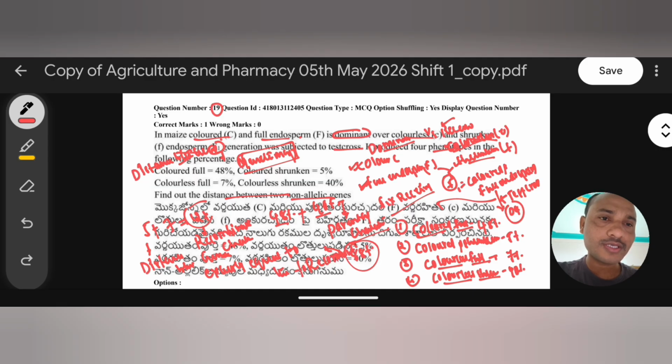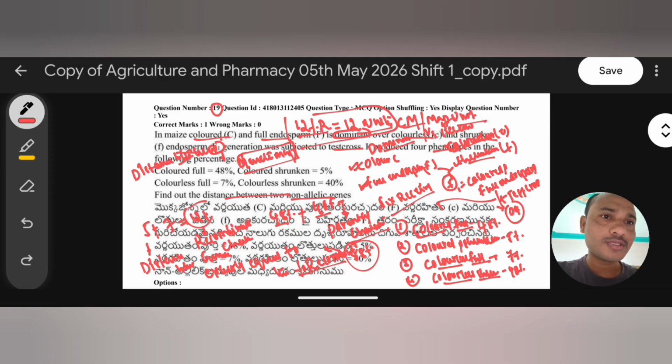For example, we have 12% recombinants, and that is exactly equal to the distance between genes. So 12 genetic units is exactly equal to 12% recombinants. These units are also called centimorgan or genetic map units.